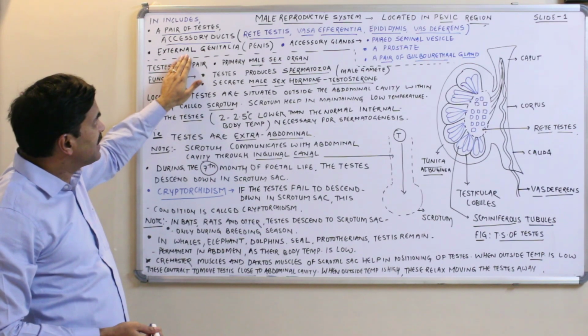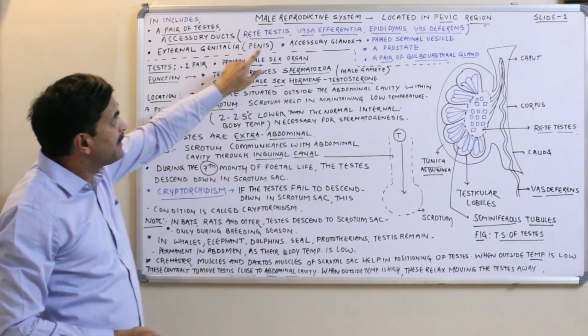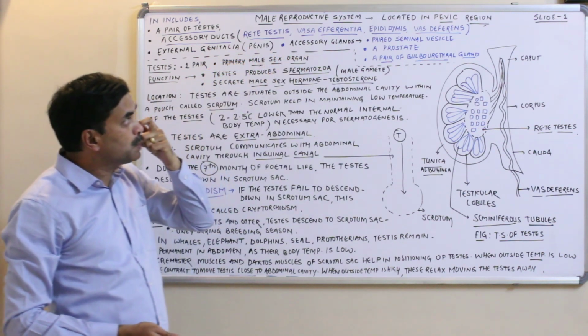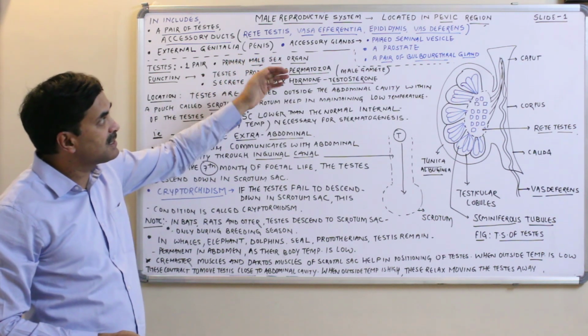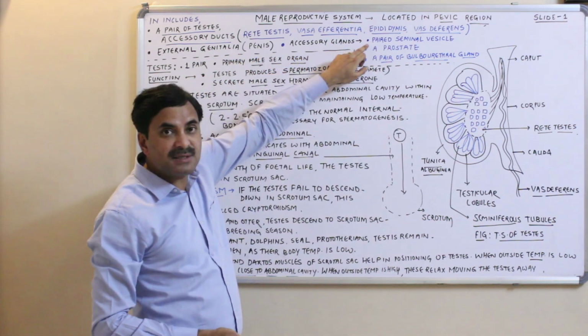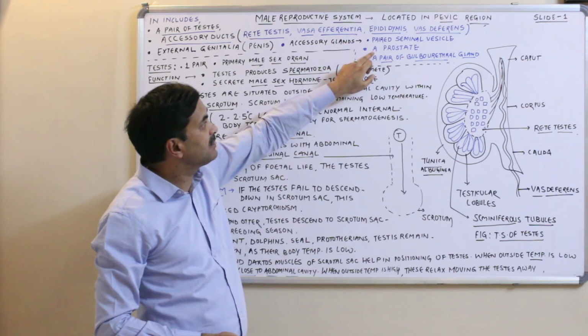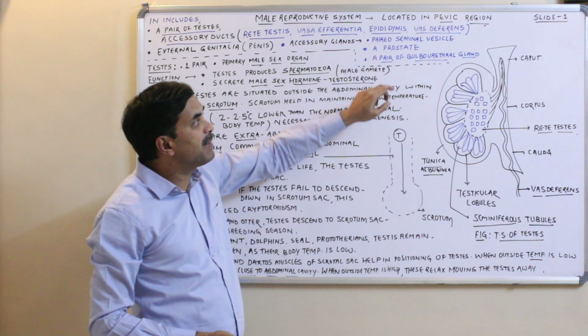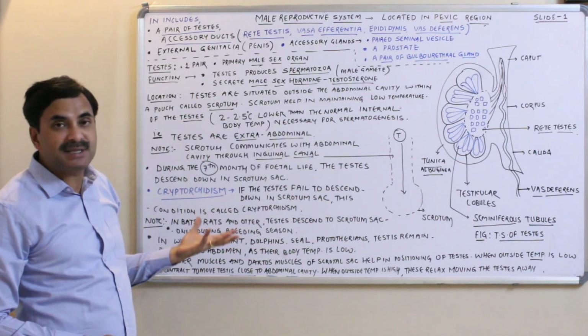The external genitalia in the male reproductive system is the penis, and there are three accessory glands: paired seminal vesicle, a single prostate gland, and a pair of bulbourethral glands, or we can also say Cowper's gland.